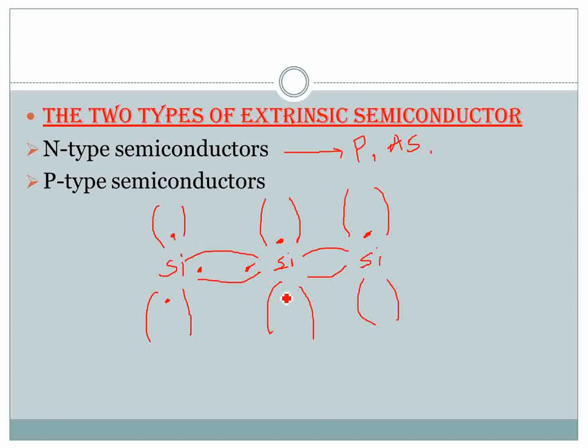But phosphorus has 5 free electrons because it is a fifth group element, so it has an extra electron. 4 electrons form bonds with the silicon, and the excess one is a free electron. That electron moves freely without the influence of the nucleus. This electron is called a free electron. So in n-type materials, the majority charge carriers are free electrons. Please do remember this one.